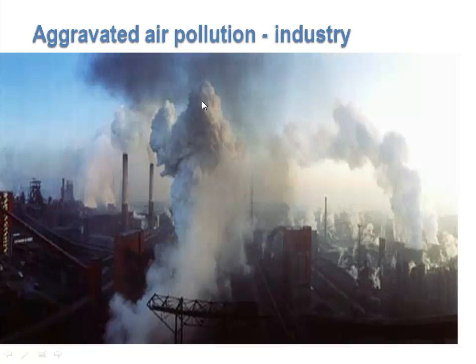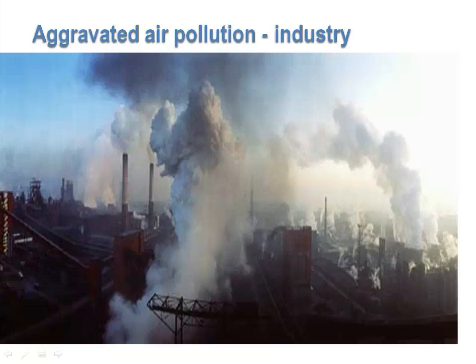Now, in the next slides, you will see a lot of photographs. These photographs will give you an idea of how pollution is increasing and what damage it is causing. So aggravated air pollution in one place happens when all the factories are accumulated, continuously releasing these gases into the environment.